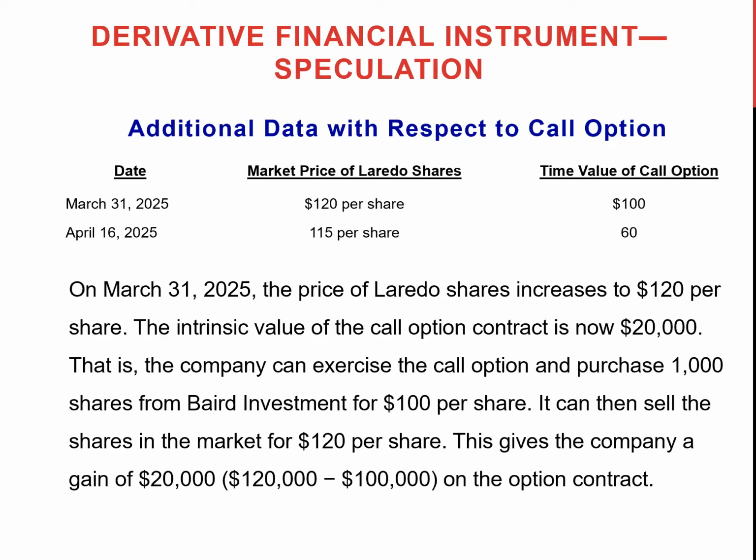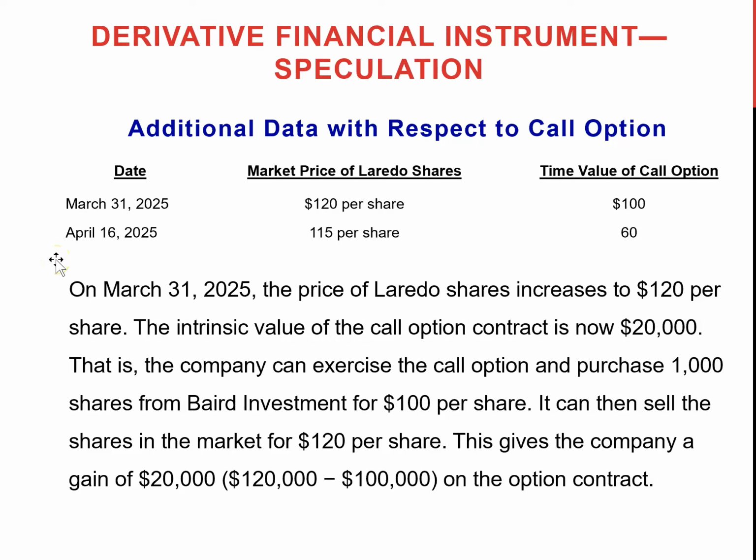So the call option was recorded as an asset on their balance sheet when they purchased those, and based on the changes in the market price and changes in the time value, the company will update the call option values, and at the same time the company will use unrealized holding gain or loss to adjust for those value changes.